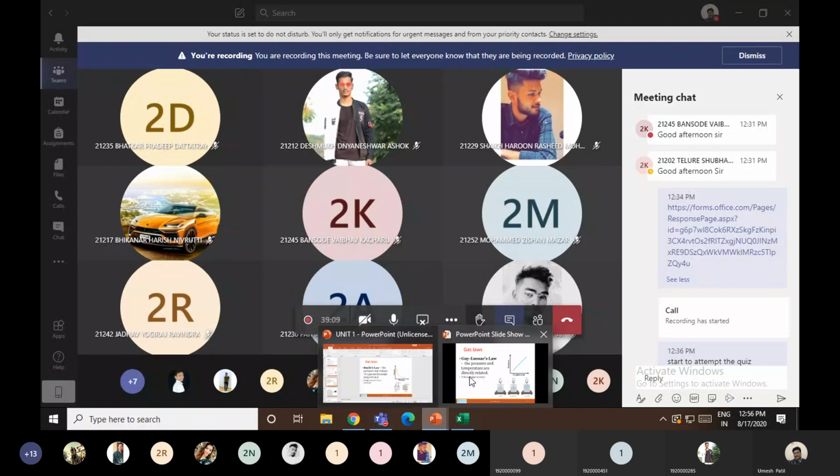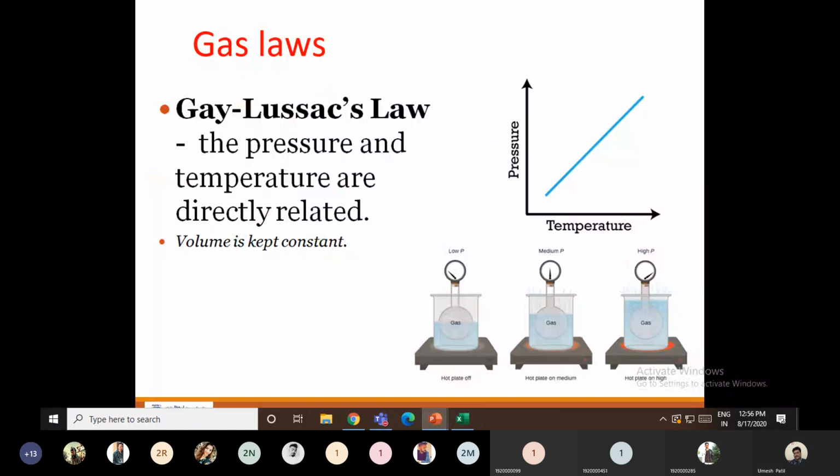So we'll continue. I hope all these three gas laws are clear to you. So again briefly I will revise these three laws. First law is Boyle's law. According to Boyle's law, when temperature is kept constant, pressure varies inversely with the volume and vice versa.